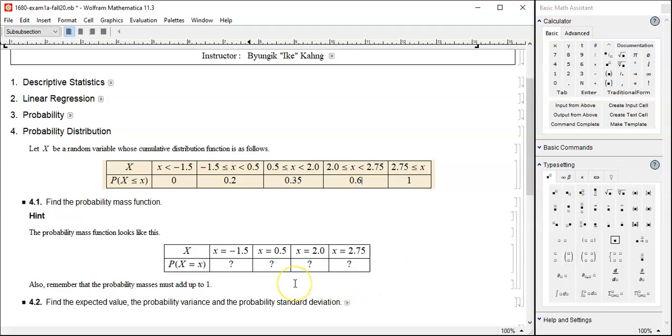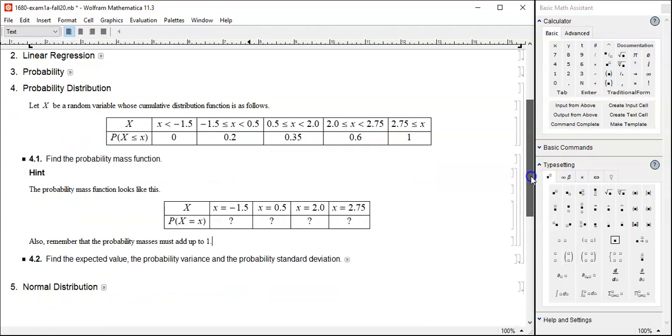Okay, I'll stop here, and I'll ask you to figure out these question marks. So these are cumulatives, and these are the probability masses. Good luck. Get these, and that's the mass function.